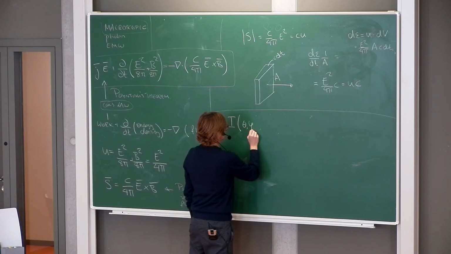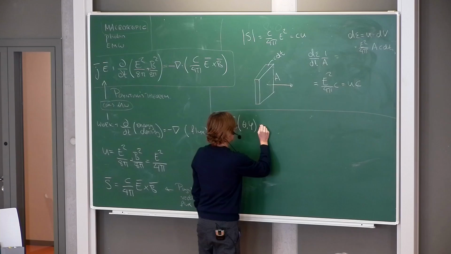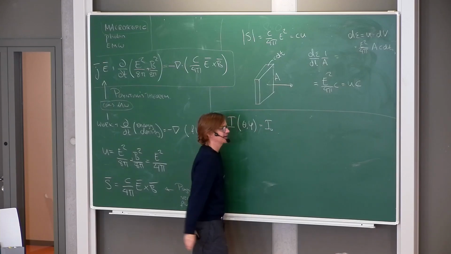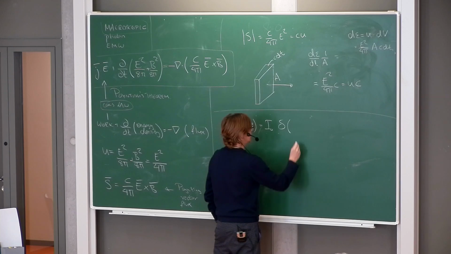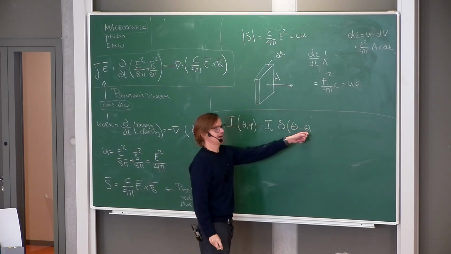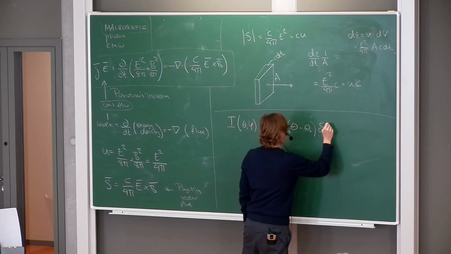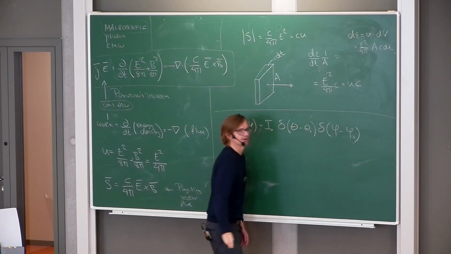And that, we had it as a function of theta and phi, remember? Now, a plane wave is only going in one direction, so it will be some I0, and then it will be a delta function around some angle theta 0 and some angle phi 0, okay?